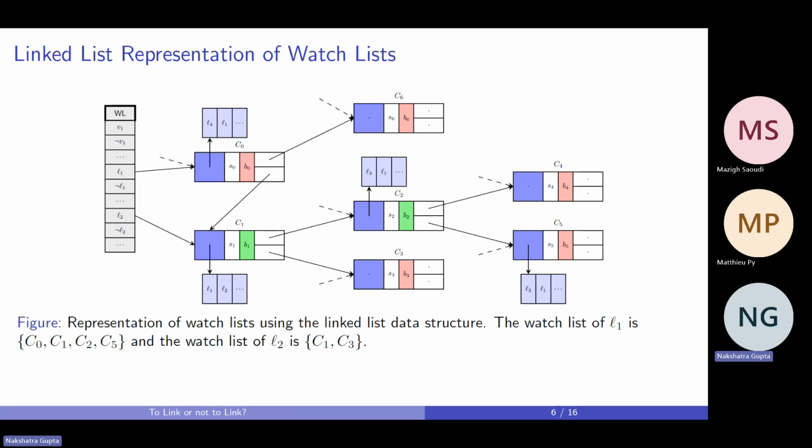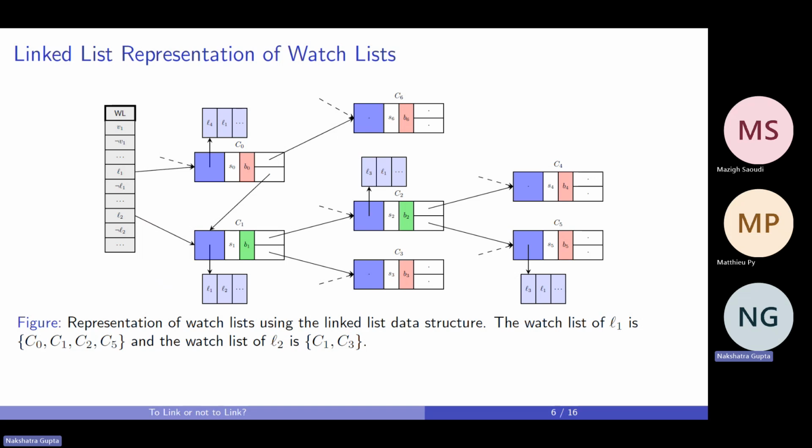For example, here the clause C0 is in the watch list of L1, so we just have one pointer to the first clause in the list, and we don't care about having them all. And then we see, well, L1 is the second literal that is watched, so we follow the second reference to the second clause.